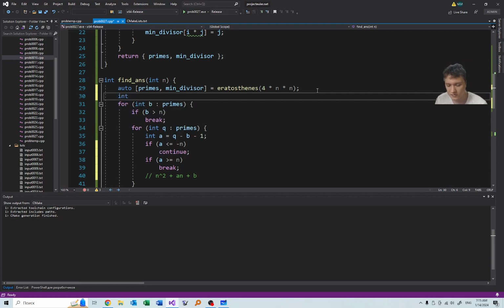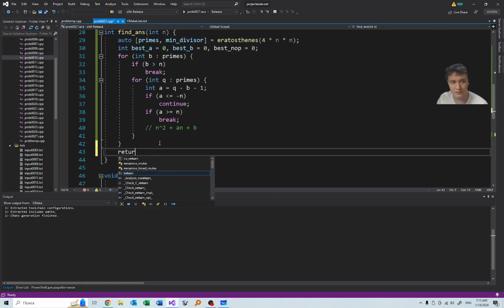So let's store best A equals 0, best B equals 0, and best number of primes, which is also 0.